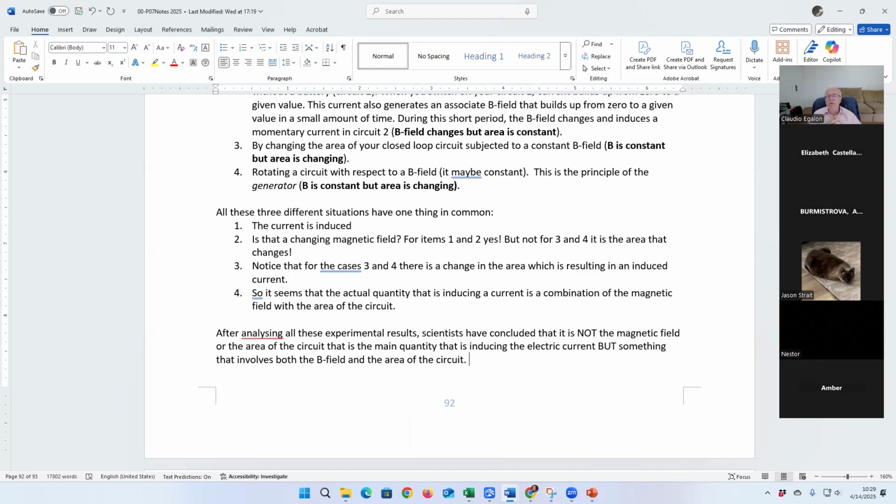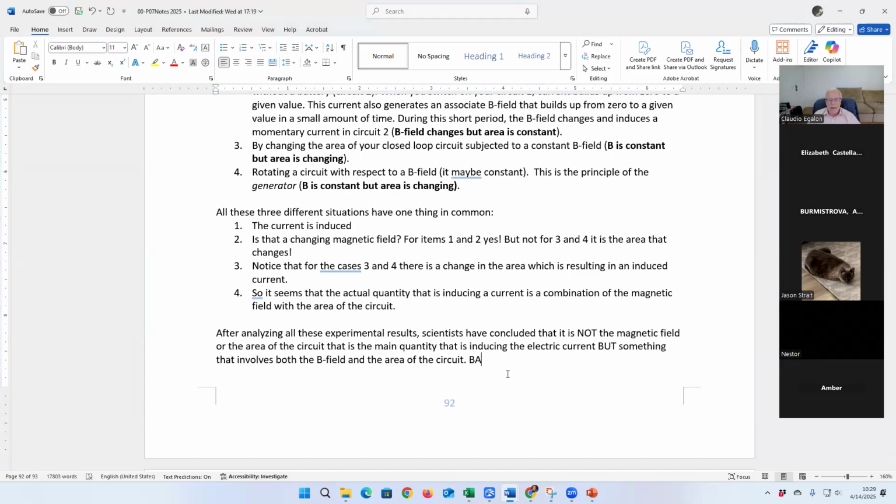At this point in time, you should already know which quantity involves a magnetic field and the area of the circuit. Do you remember? We saw that in electricity. I'm going to give you some time to think about that. Do you remember what B times A is all about?